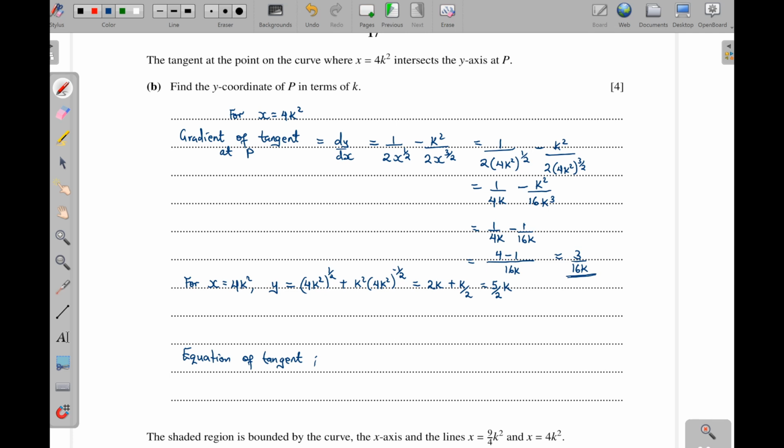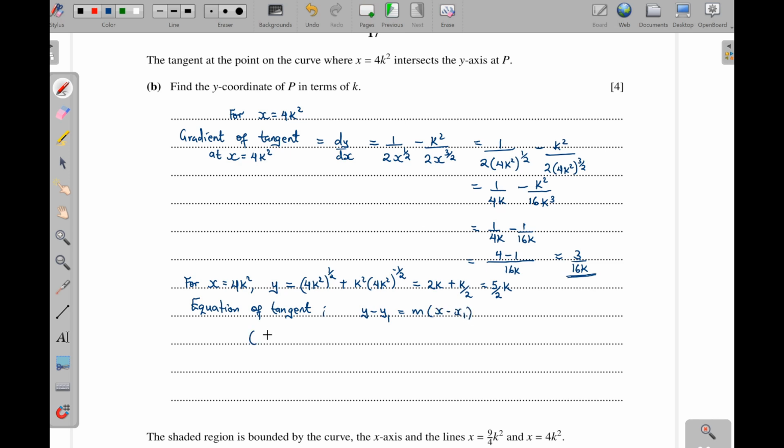So that means we are going to have, okay, oh, I made a mistake here. This gradient of the tangent is not at p. It is actually at x, which is equal to 4k squared. And the y coordinate is this one here. So now we continue to find the equation of the tangent. So we have y minus y1, which is equal to m into x minus x1.